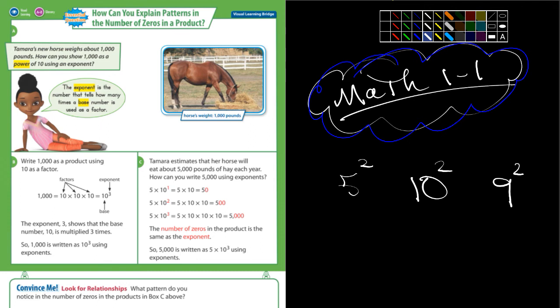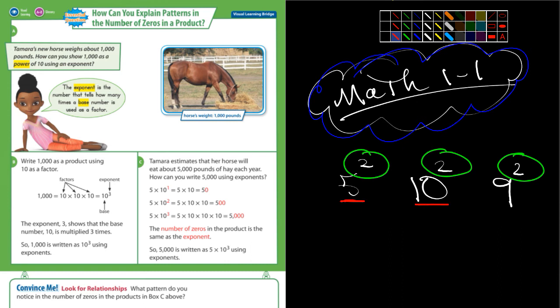What I'm talking about is this, and that is called the exponent. And an exponent isn't just 2, it could be 3 or 4 or 50, but it's the small number just above and to the right of the base. And this is called the base.